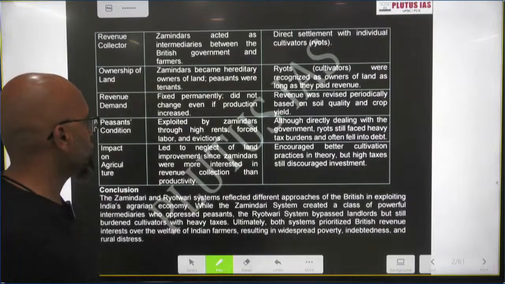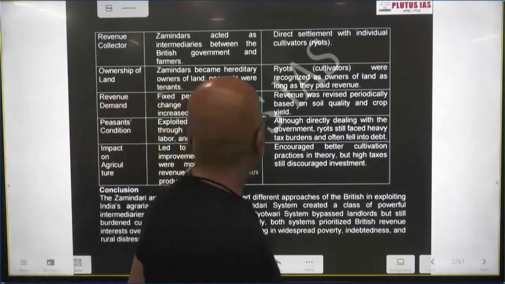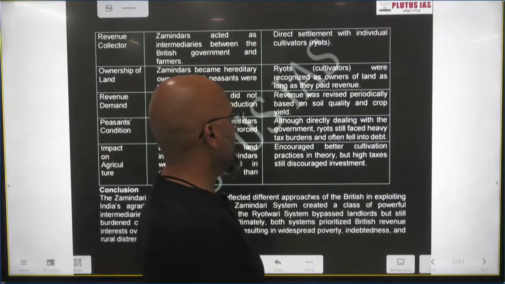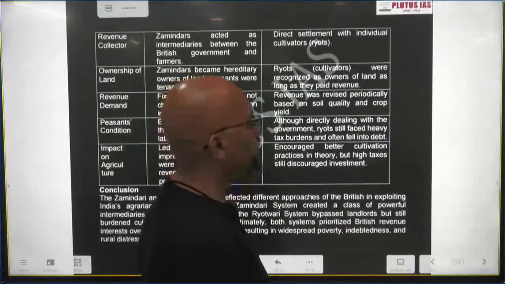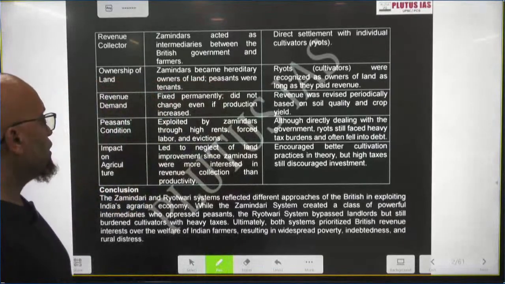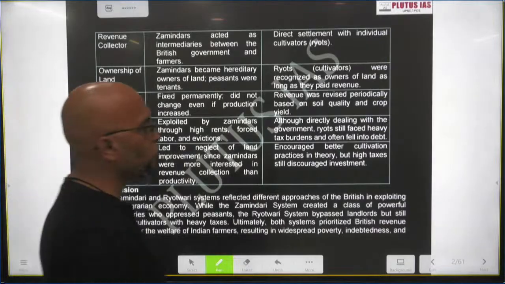Peasants' condition: under Zamindari, they were exploited by Zamindars through high rents, forced labor, and evictions. Whereas in Ryotwari, although directly dealing with the government, Ryots still faced heavy tax burdens and often fell into debt. Impact on agriculture: Zamindari led to neglect of land improvement, since Zamindars were more interested in revenue collection than productivity of land.